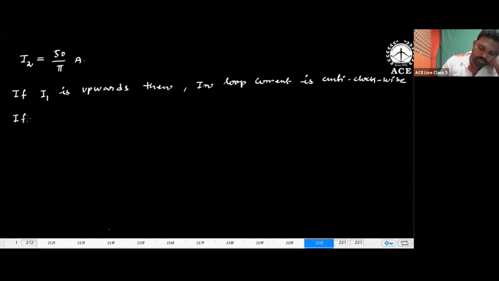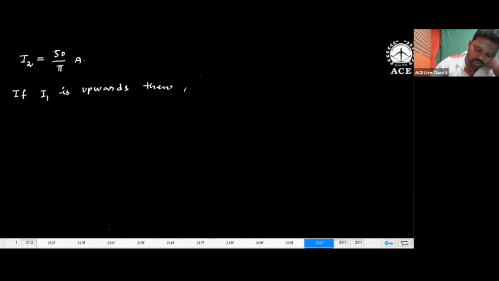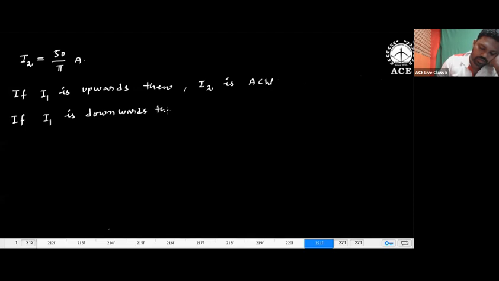Otherwise, if I1 is downwards, then I2 is clockwise.